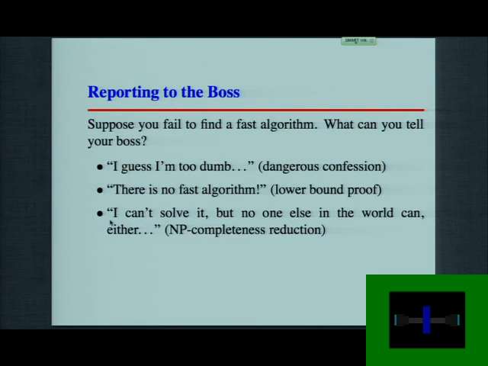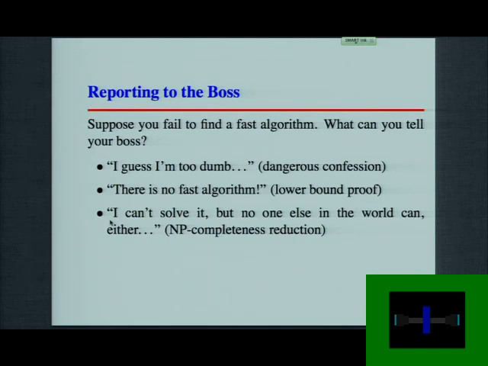It's motivated by the problem of what we have to do when we don't find a fast algorithm. There are many problems in the world for which, if your job asks you to find a fast solution to the traveling salesman problem, you go back to your desk for a while, you try to figure it out, and you fail. What do you do when you go back to talk to the boss?